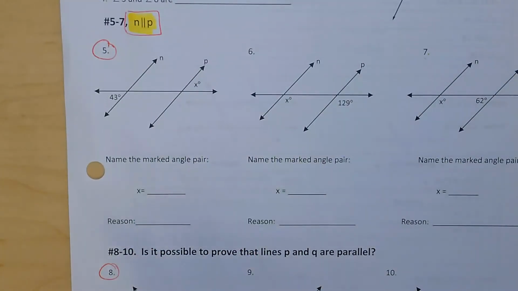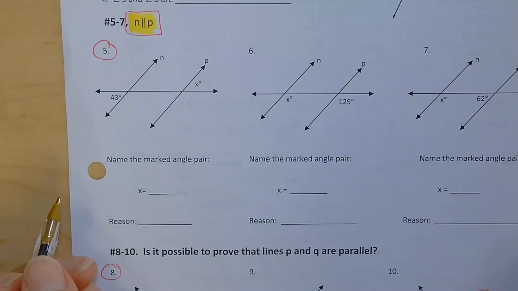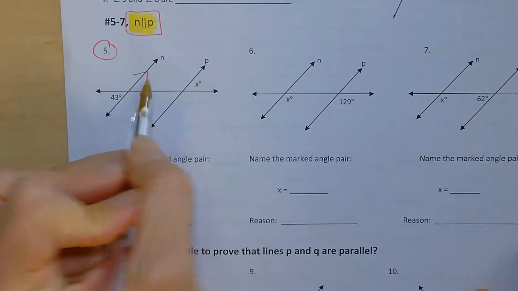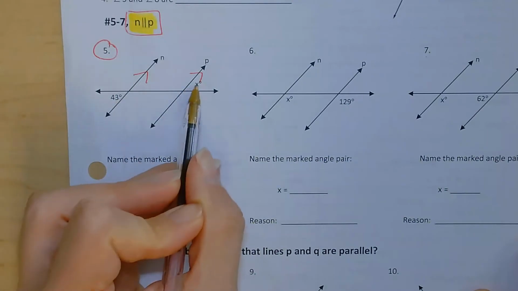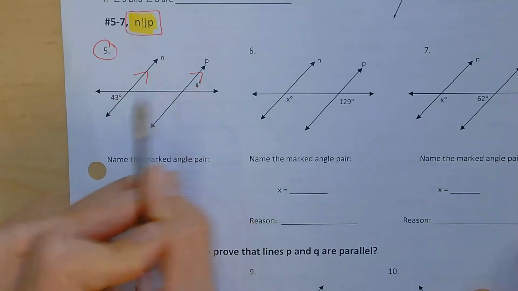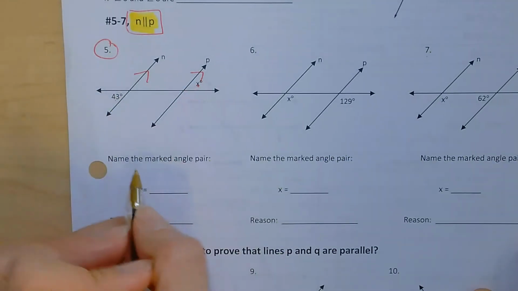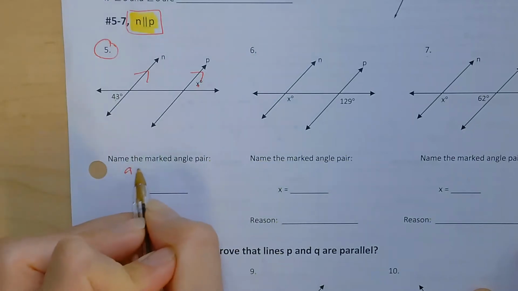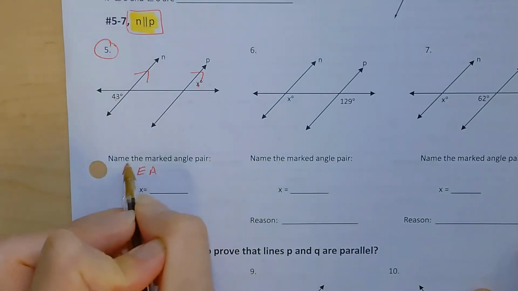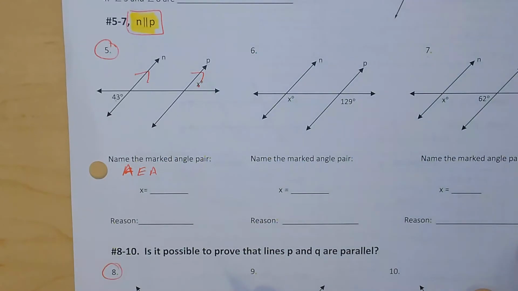This is what you did the last time when you were doing some of that work in the book. So if these lines are parallel, then I look at what kind of angle pair I have. These are alternate exterior, so I'm going to name the pair as AEA, alternate exterior angles. And then I'm going to find x.